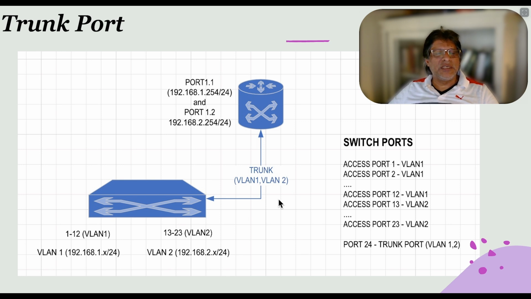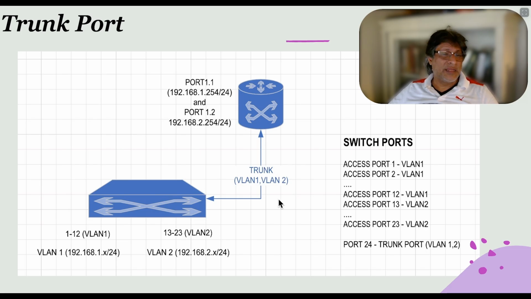Now, technically, if you have two VLANs, you could have two ports, one from each VLAN, connected to the router. So you could have one port from VLAN 1 and one port from VLAN 2 connected to the router. The only problem with that approach is that it's going to use up two very valuable, very expensive ports on the router.